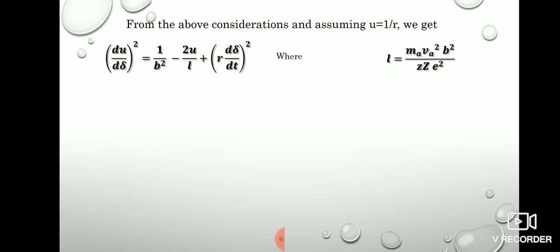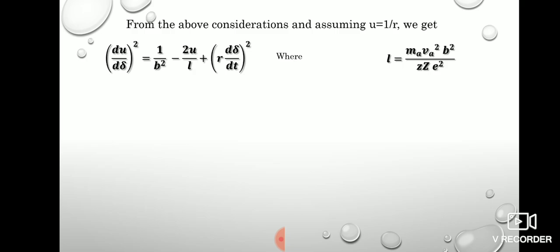Assuming u equal to 1 by r, we can form a second order differential equation: du by d delta square whole square is equal to 1 by b square minus 2u by l plus u square, where L can be written as M_A V_A square b square by Z Z e square.